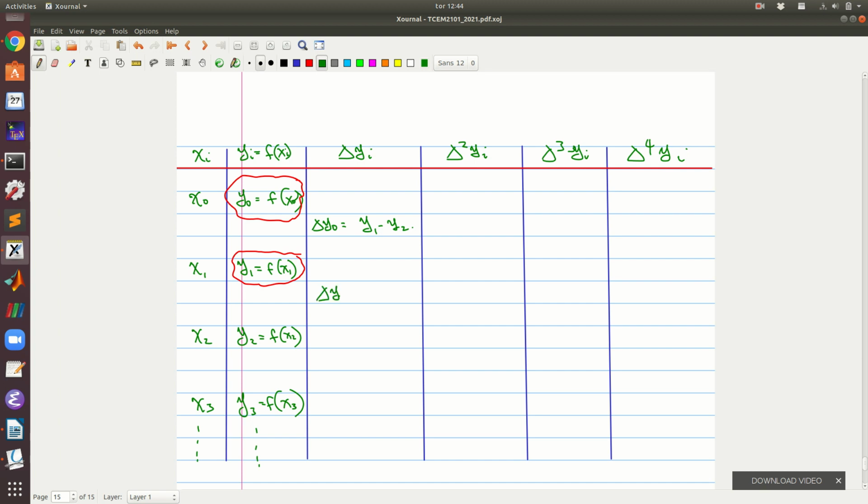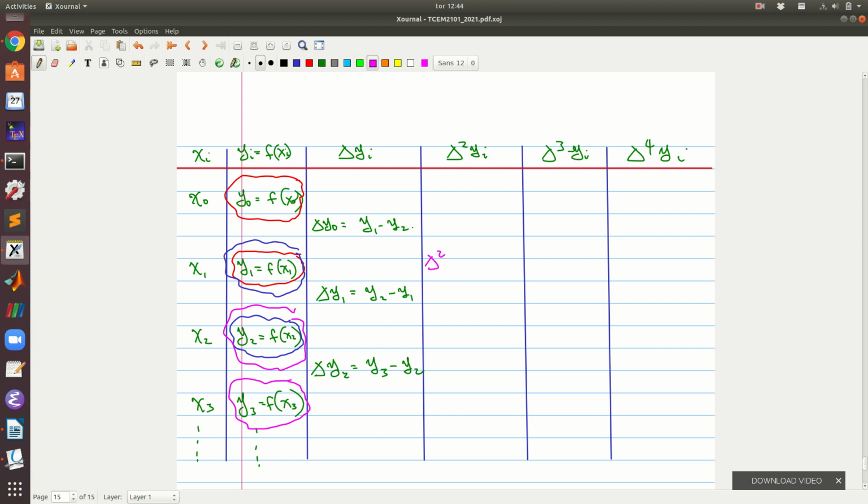The first forward difference at y1 is simply y2 minus y1, the value here minus the value here, and so on. So no prizes for guessing that the first forward difference at y2 is y3 minus y2, the value here minus the value here. So it goes on and on.